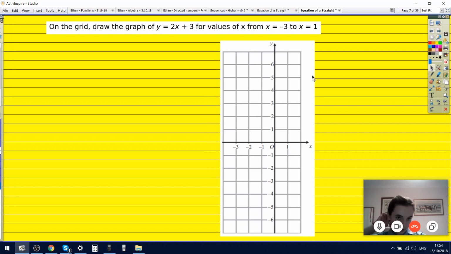So y equals 2 times minus 3 plus 3, which is minus 6 plus 3, which is minus 3. So minus 3, minus 3.